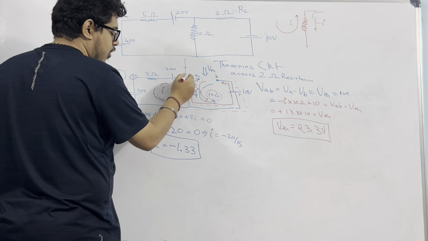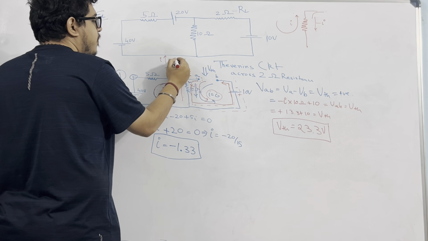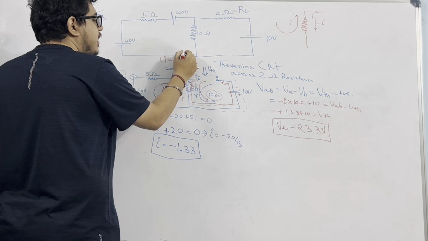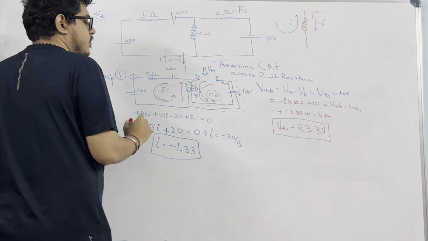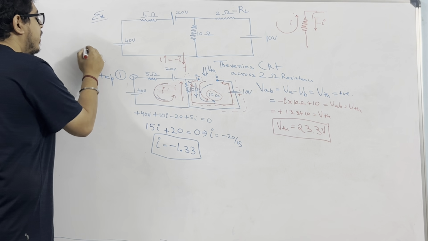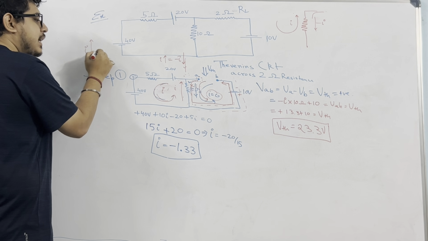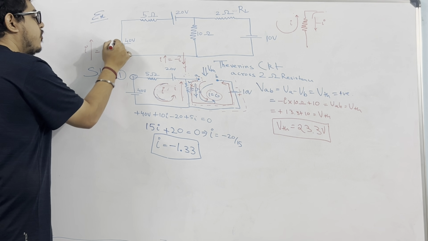If I is flowing from down to up, it is the same as minus I flowing top to bottom. I flowing down to up is the same as minus I flowing top to bottom. This is a very important concept.